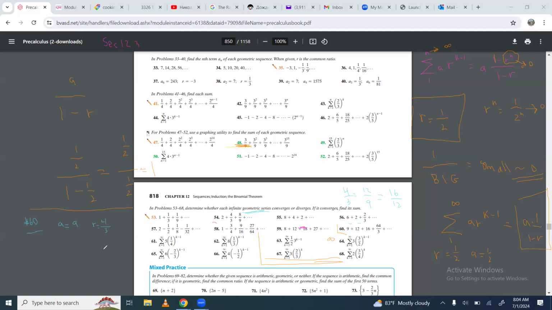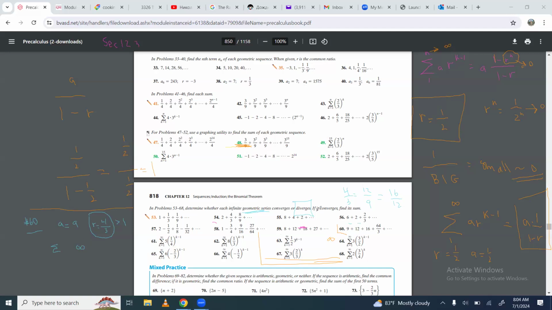The ratio is 4/3. And then if you try to add terms of this, you cannot use the formula because it's greater than 1. So the sum will be, people say, infinite. So they say it diverges. See, they don't want to use the word infinite. They're trying to avoid it, even though it's huge, so it's infinite.